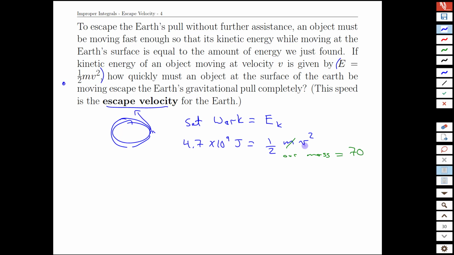And what that lets us do is solve for the escape velocity, the speed we would need to be going at the surface of the Earth, that if we turned it into potential energy, slung ourselves away, we could actually escape Earth's gravitational field. And we end up with 2 over 70 times 4.7 times 10 to the 9 equals v squared, or a v of roughly 11,549, rather.